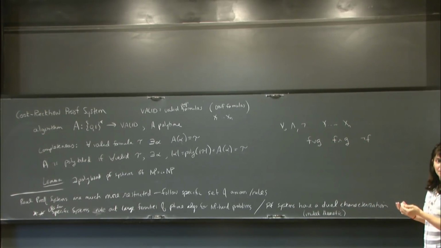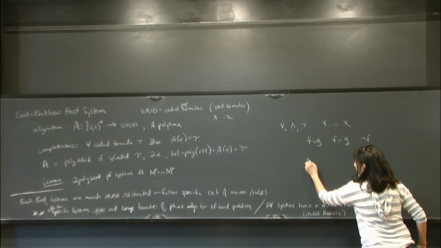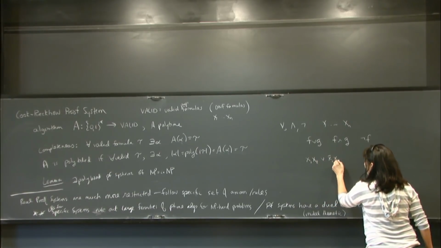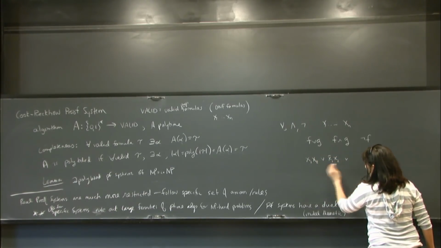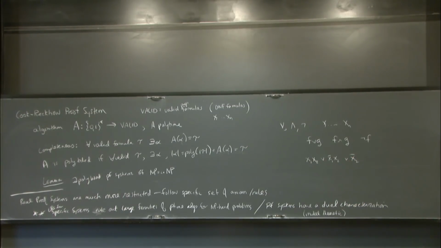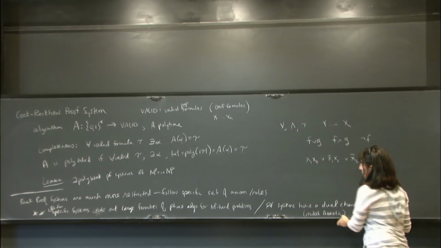But no quantifiers. No quantifiers. Yeah. And a DNF formula would be like x1 and x2, or x1 and not x2, or something like that. So that would be valid. Good? Okay.